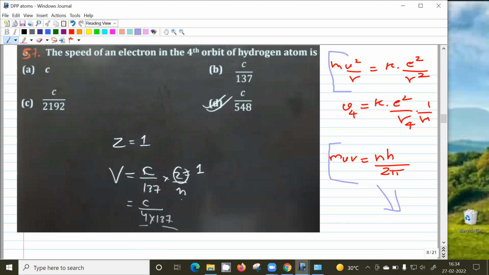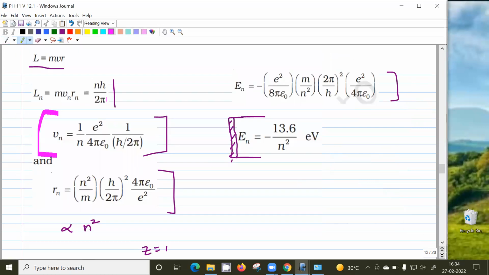So how will you remember these formulas? You have to remember either one of them. You figure out what you want to remember.